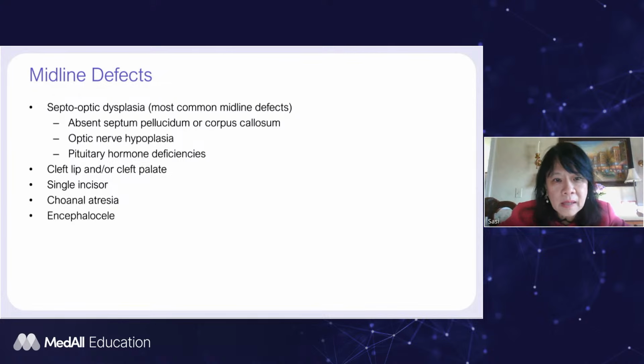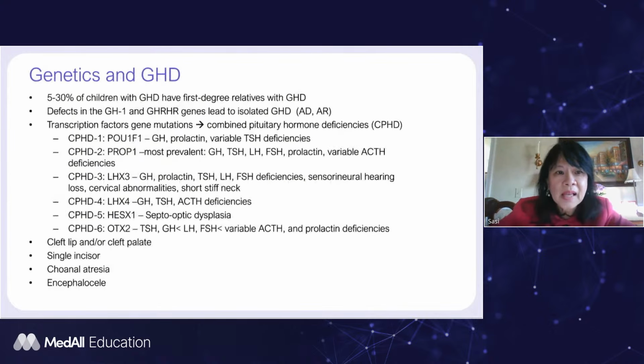And cleft palate can also be a clue for growth hormone deficiency, and that will require lab workup to look for possible panhypopituitarism or hypopituitarism. Single incisor is also one of the clues that we have to think about hypopituitarism or growth hormone deficiency, as well as corneal atresia, or encephalocele, the defect of the skull with protruding brain tissue.